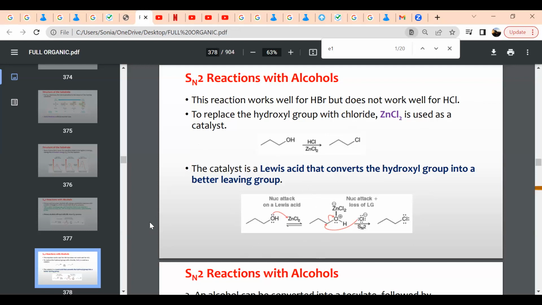If you're not using hydrogen bromide, you can use zinc chloride because the one with hydrochloride does not work as well. So the catalyst is a Lewis acid that converts the hydroxyl group into a better leaving group. The goal here is to just make the hydroxyl group into a better leaving group so that you can have your SN2 reaction taking place.